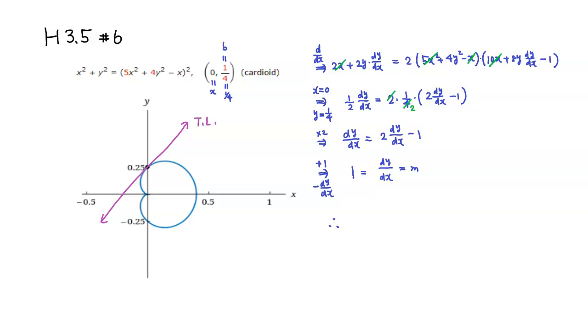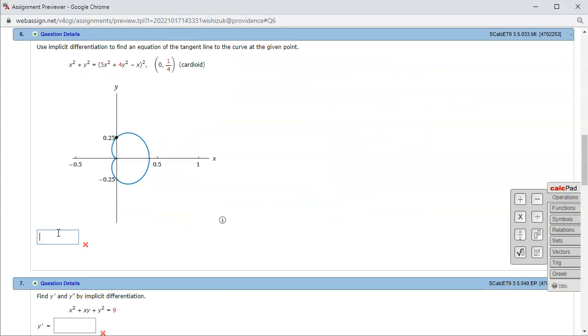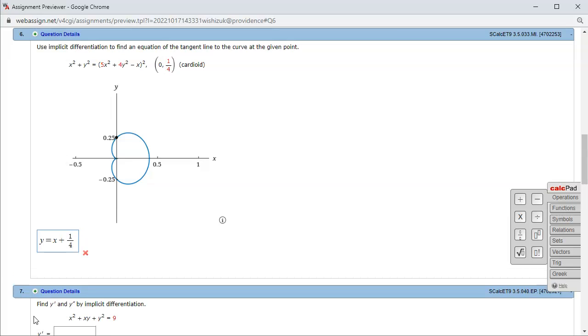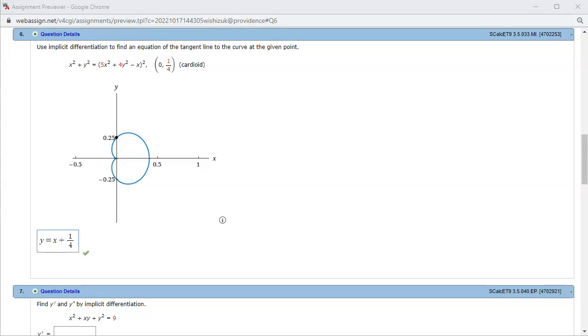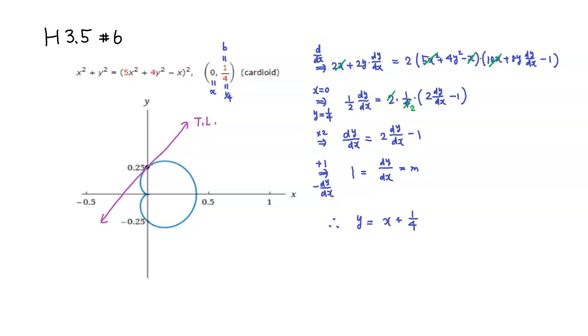The equation is going to be y equals m, which is 1x, plus the y-intercept 1/4. So let's type it in: y equals x plus 1/4. Let's check the answer. All right, I came back and it looks like we got this one correctly. That's it. I hope that this was clear.